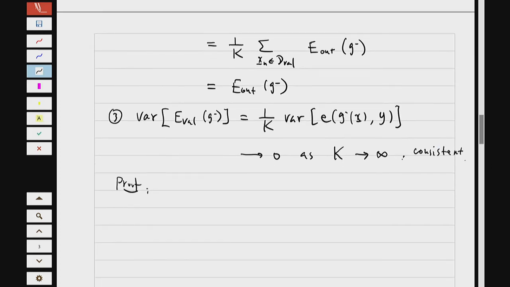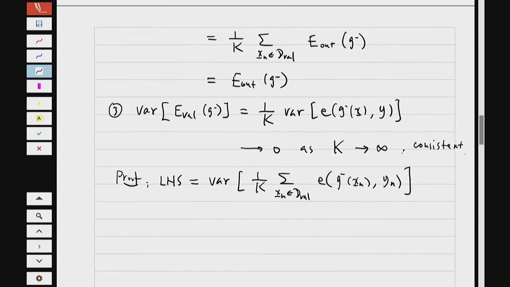Pretty much the same way as we proved the E in being consistent as before. So the left-hand side is the variance of 1 over k, where xn is in the validation set, sum of e of g minus xn, like that, right?